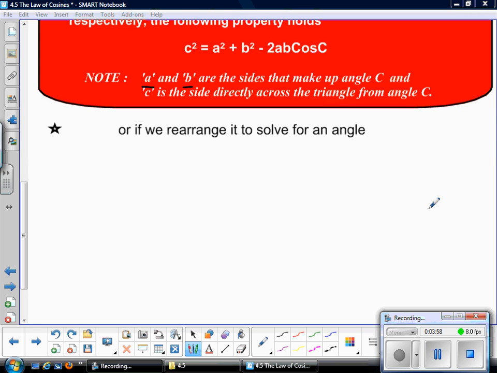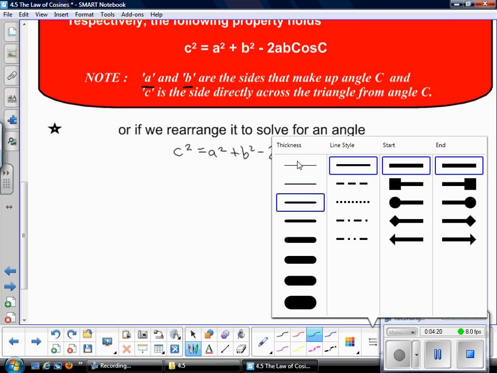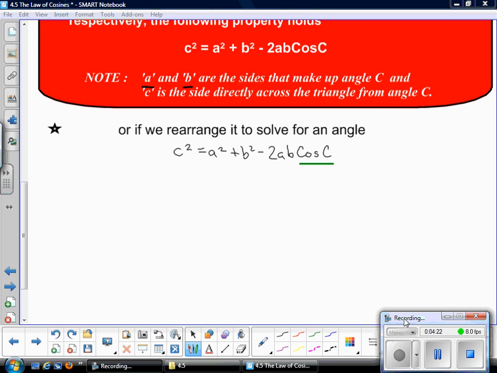So if I take my original, which is c squared equals a squared plus b squared minus 2ab cos of C, I want to rearrange it for cos of C. The way that we do that is the following.